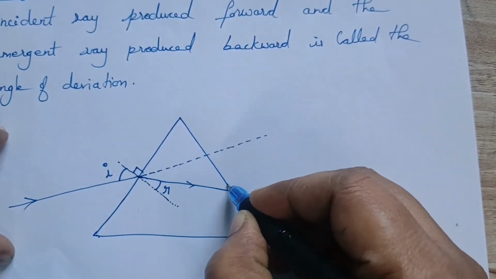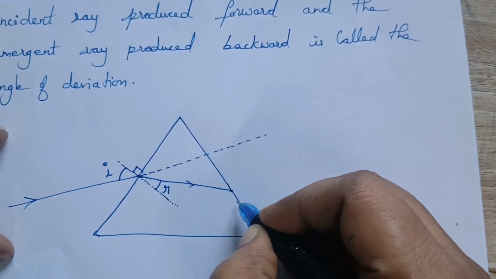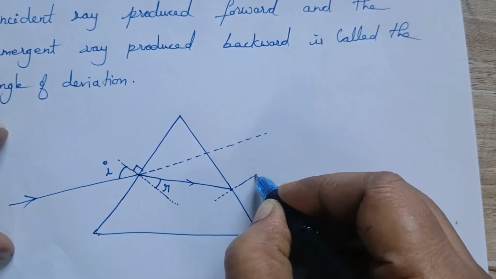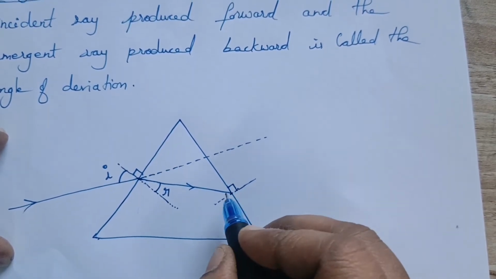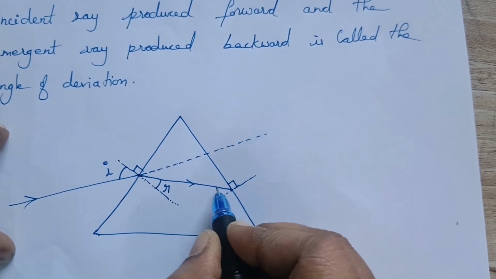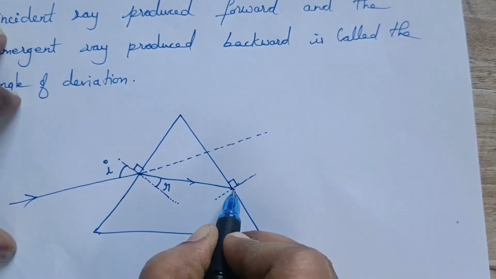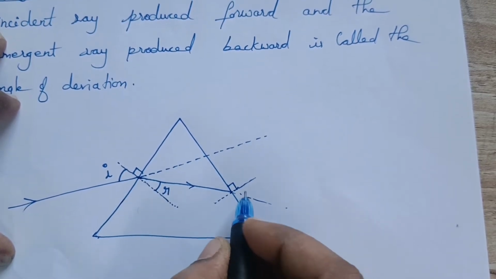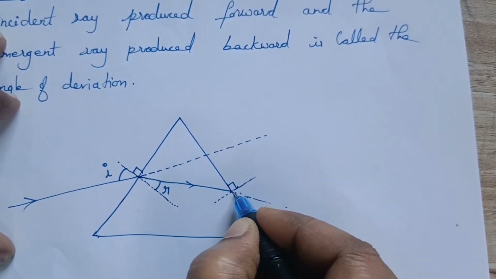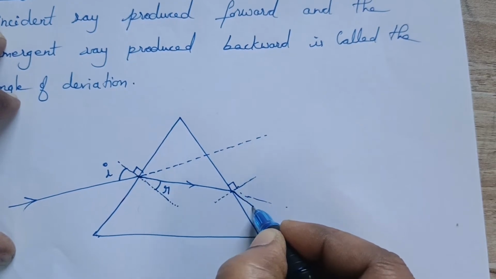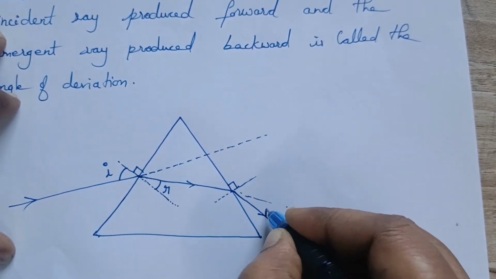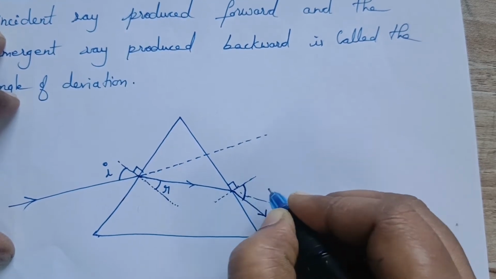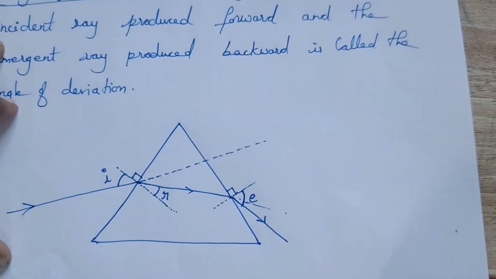The perpendicular line for this surface would be like this, this is 90 degrees. It is supposed to move like this, but since it is bending away from the normal, it will be like this. This is the emergent ray. The angle between the normal and the emergent ray is called the angle of emergence.